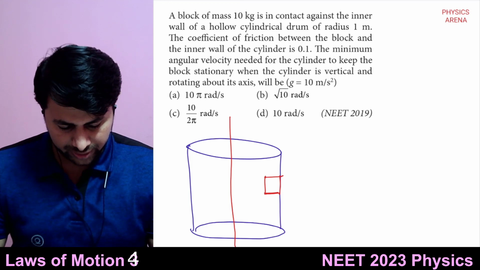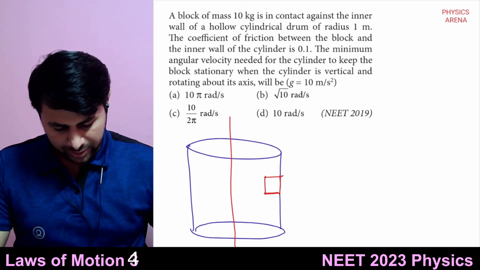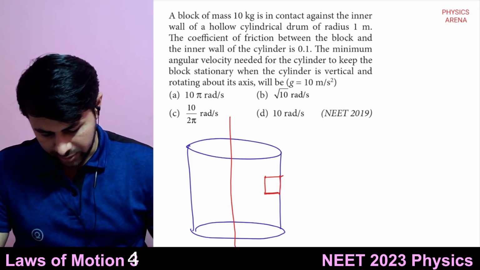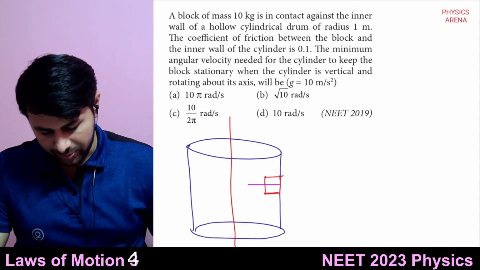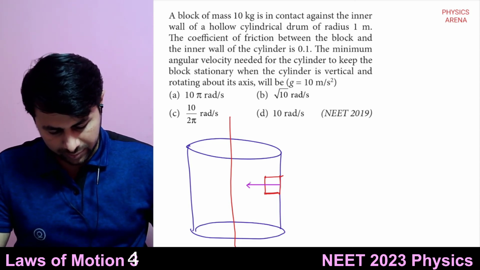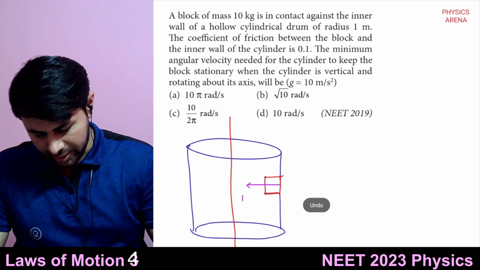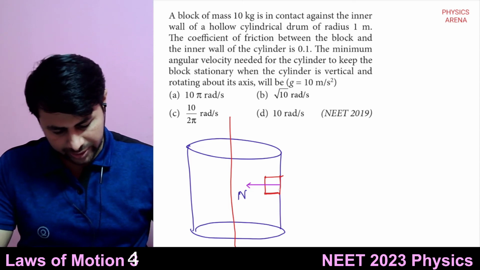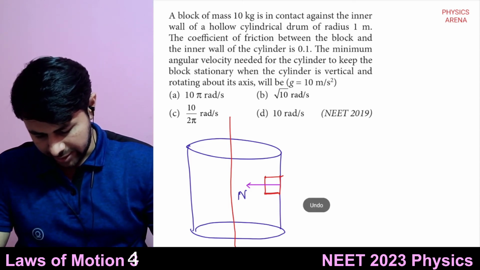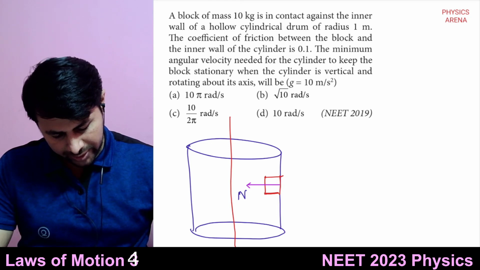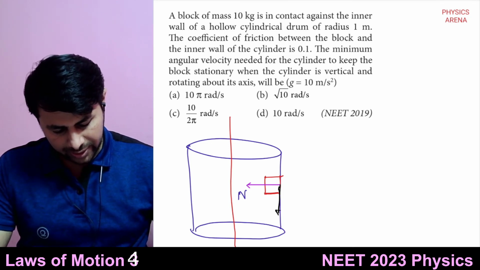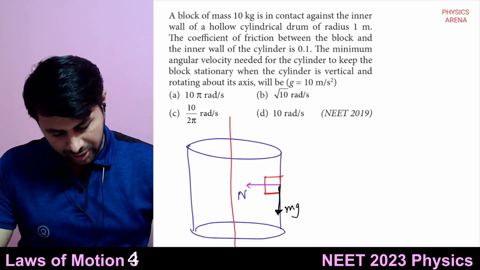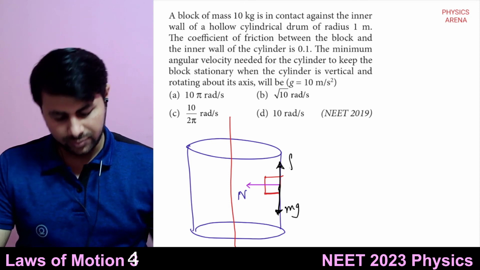So due to this rotation, what will happen? The block is providing some normal reaction, which provides the centripetal force. What other forces are acting on it? One is the gravitational force acting downwards, and since it doesn't fall, there would be a frictional force acting upwards.